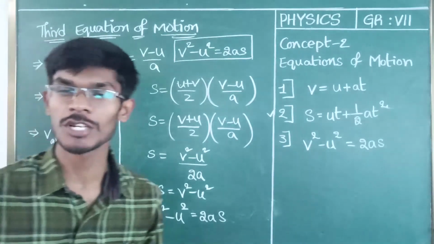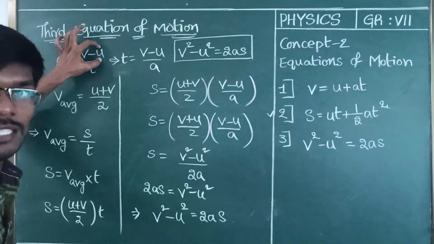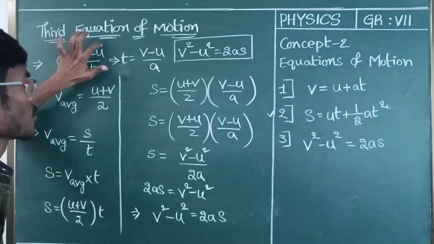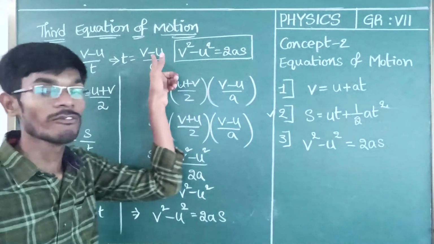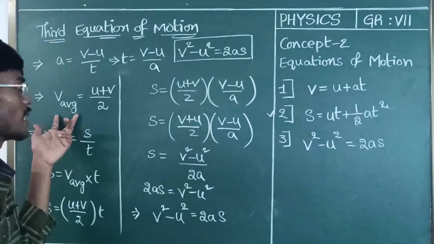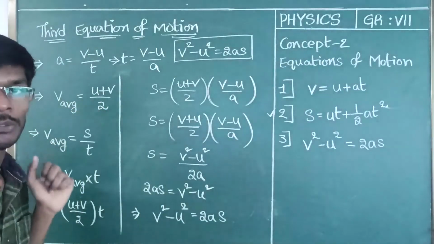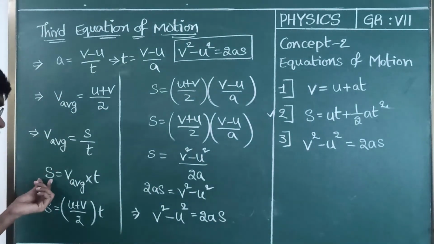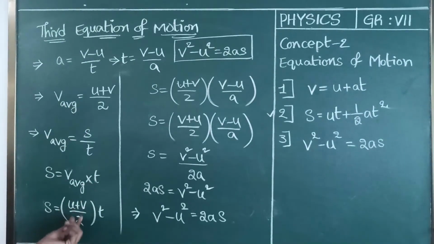For this third equation of motion, what we have considered: if an object is starting with some initial velocity U and reaches a final velocity V in a time interval T, the acceleration formula can be written as V minus U by T, and from this time can be written as T is equal to V minus U by A. And here average velocity, if an object is moving with uniform acceleration, can be given by U plus V by 2, and V average can be written as displacement by time, and displacement is equal to V average into T. Substituting the V average here gives U plus V by 2.